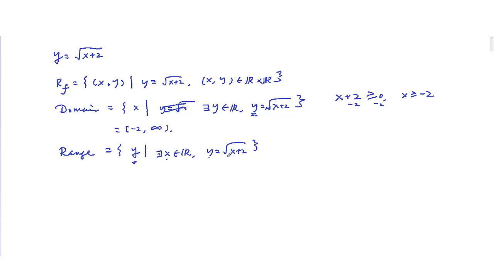But for any x, the square root of x plus 2 is always greater than or equal to 0. Therefore, the y that makes this equality must be greater than or equal to 0, so the range can be written in interval notation like this.